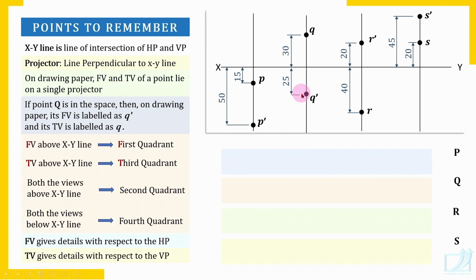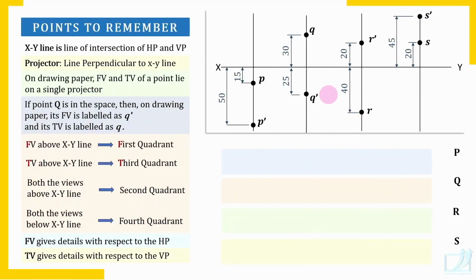Below HP means below XY line. Simple. Point R is above HP. Point S is above HP. S dash. We are watching front views and answering the question. So we know that point R and S are above HP. Focus on front views and answer for details with respect to HP.